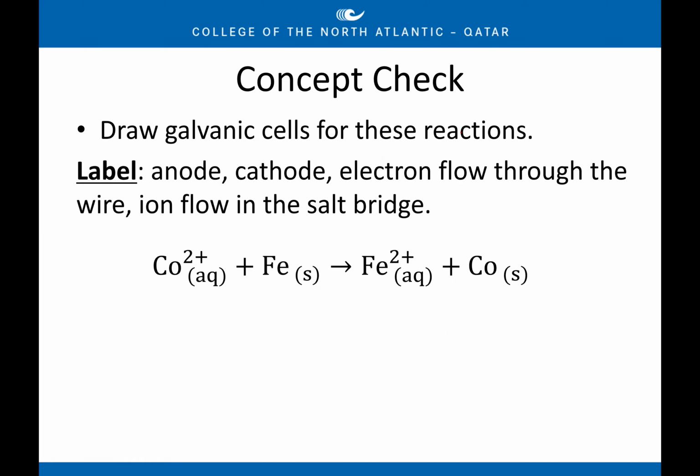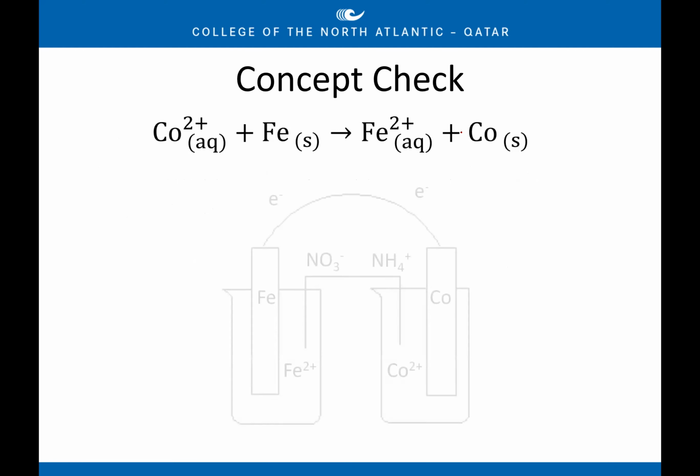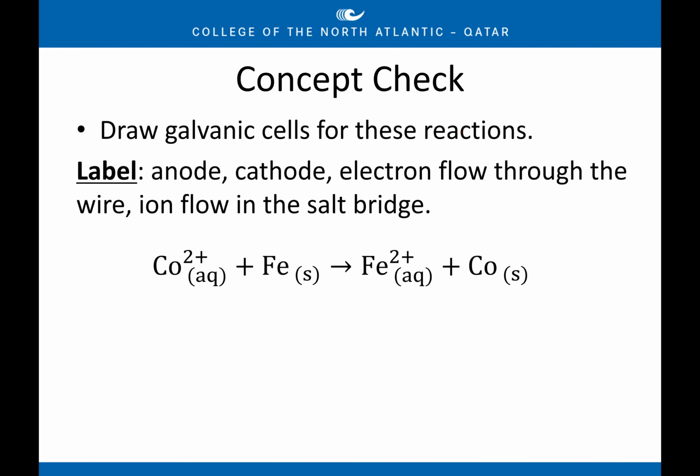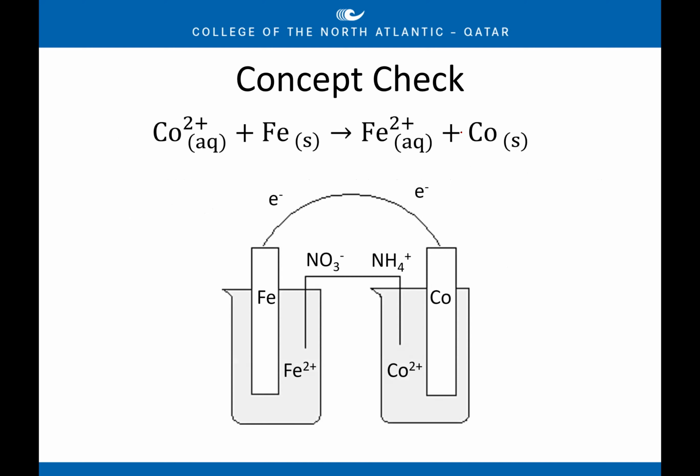Draw the galvanic cell for this reaction. Label the anode, cathode, electron flow through the wire and in the salt bridge. You'll notice, guys, I separated this into 2 slides so I could actually draw on this. I've modified the notes a little bit over the last couple days to simplify this.